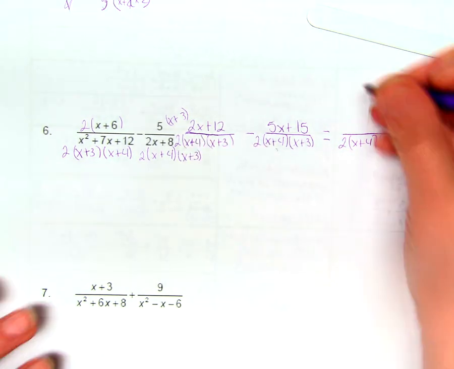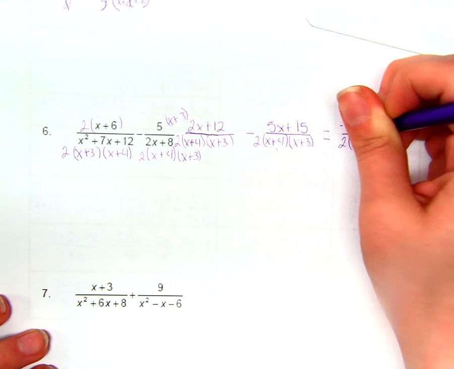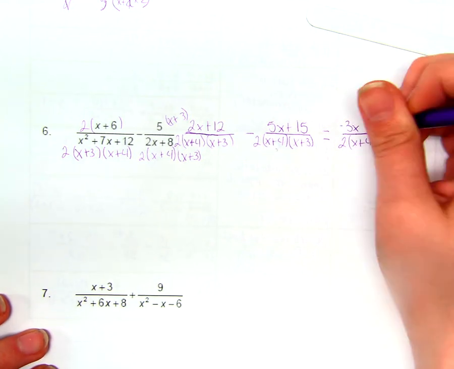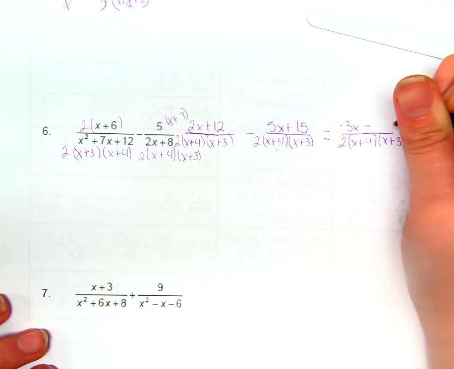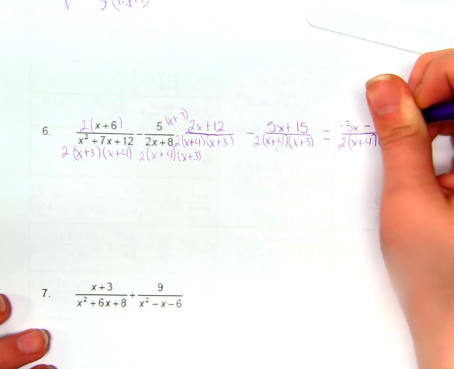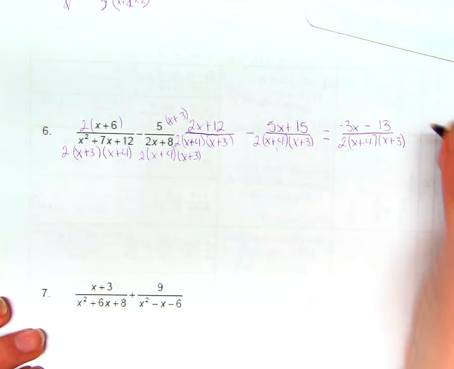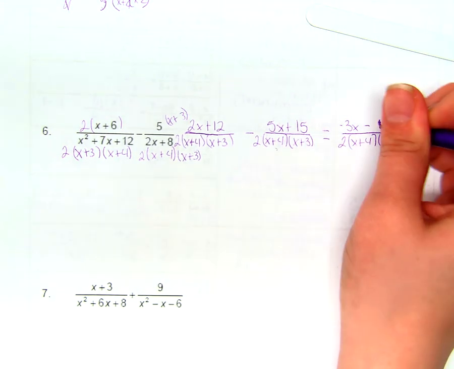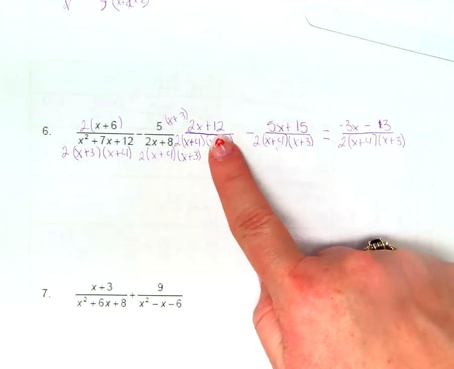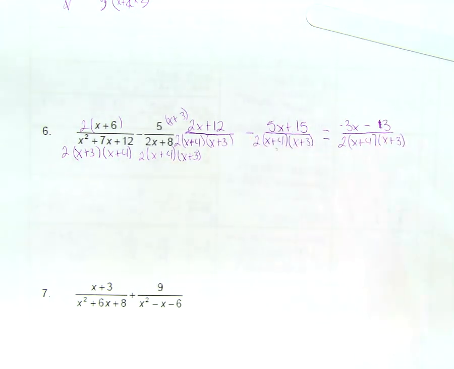Very good. Close. So close. Just cross out the 1. Very good. Okay. 12 minus 15 is just negative 3, right? Are we good?